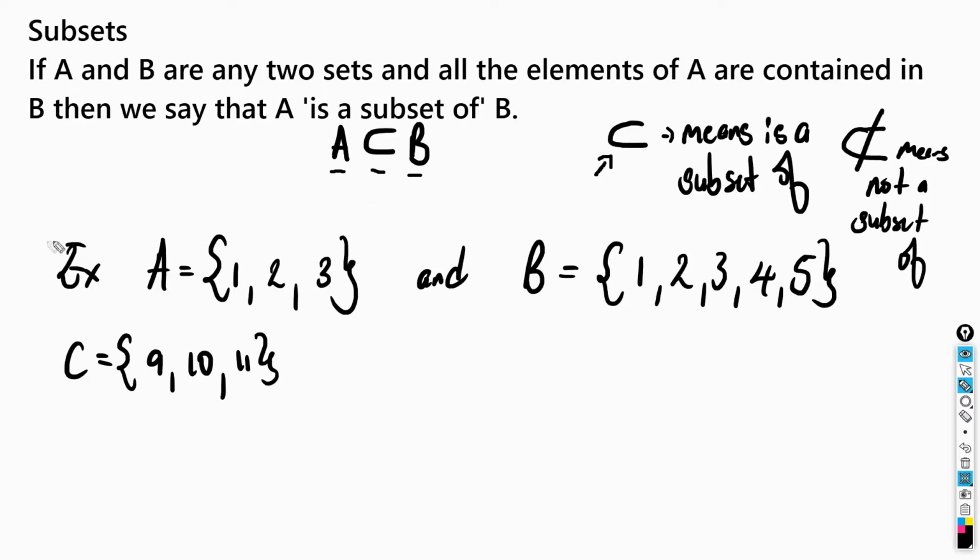Let's look at this example here. A is equal to {1, 2, 3}, B is equal to {1, 2, 3, 4, 5}, and C is equal to {9, 10, 11}.